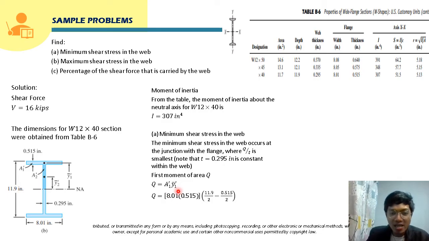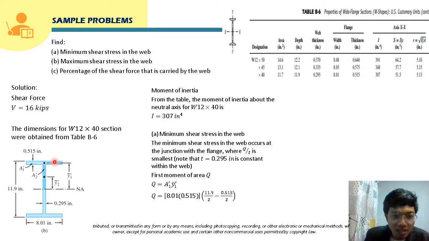And then yung Y bar 1 prime natin, class, ito yon, from the neutral axis to the centroid ng A1 prime natin. So yan, class, ay, ano ba itong distance na to? Okay, so kalahati ng 11.9, class, di ba? Mula dito sa taas, pinakataas ng flange hanggang dito sa neutral axis. So 11.9 over 2.